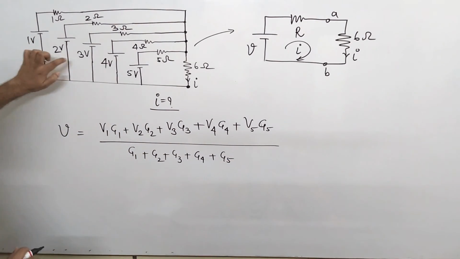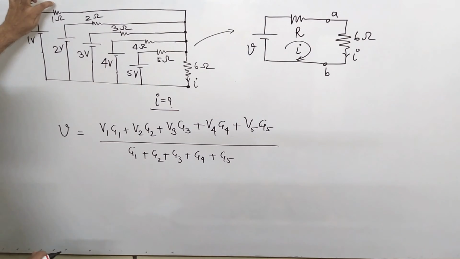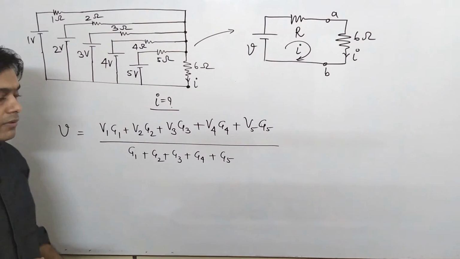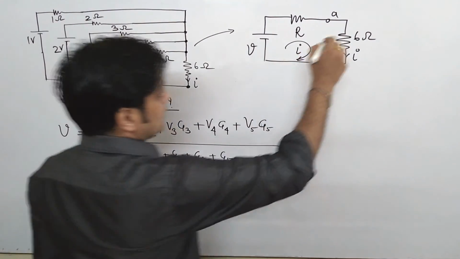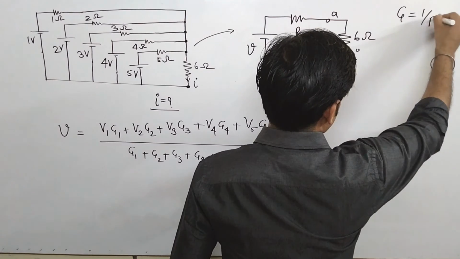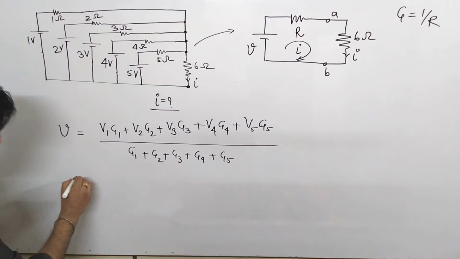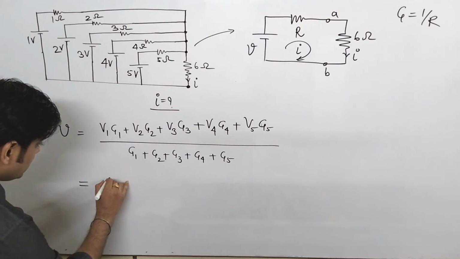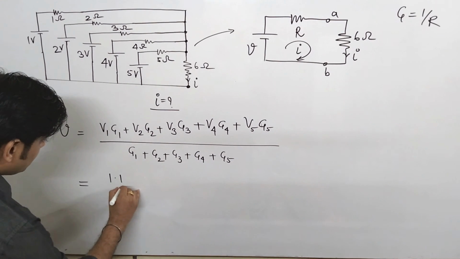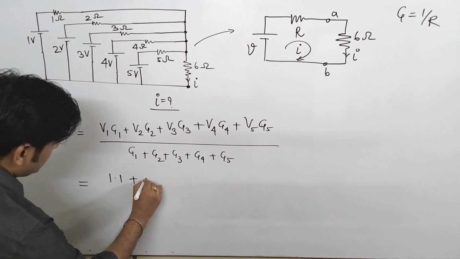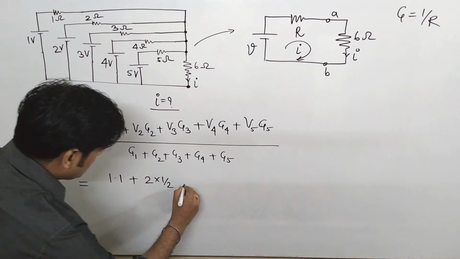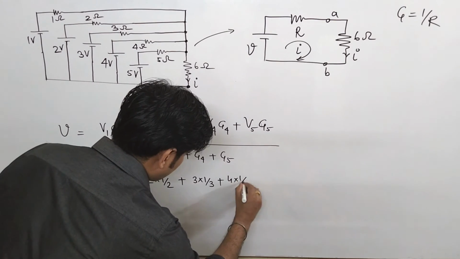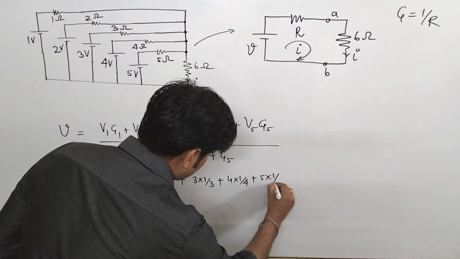Now this is your V1, V2, V3, V4, V5, and this is your R1, R2, R3, R4, R5, and we will convert it into G1, G2, G3, G4, G5. The relation between G and R you very well know, that is 1 by R. So I am directly finding this value V. Now see, V1 is 1 volt, so 1 into G1 is 1, plus V2, it is 2 into 1 by 2, plus 3 into 1 by 3, plus 4 into 1 by 4, plus 5 into 1 by 5.